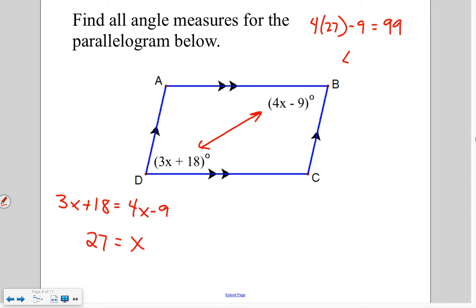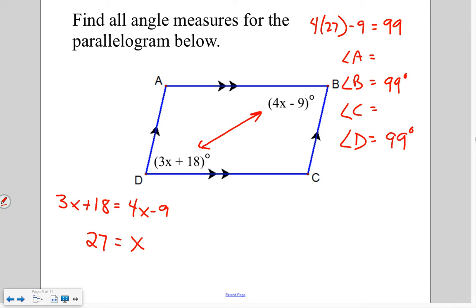Actually, we'll do this. We'll do angle A, angle B, angle C, and angle D. Well, angle B we just figured out is 99. Let's do the opposite one. I know angle D is going to be 99. All right, A and C are going to be the supplement to B and D. So let's see, they have to add up to 180.